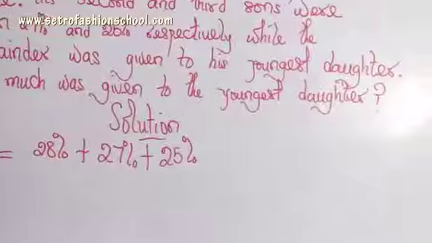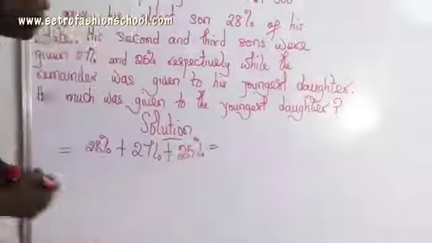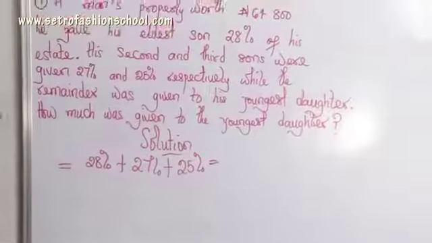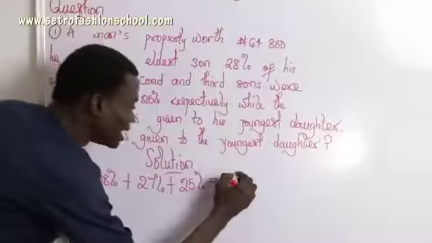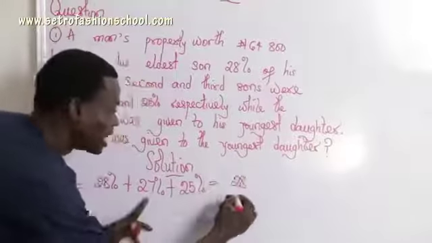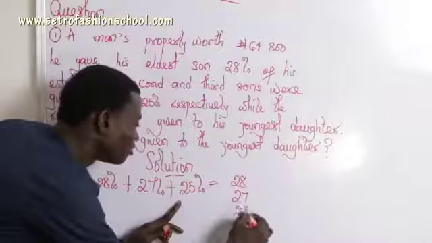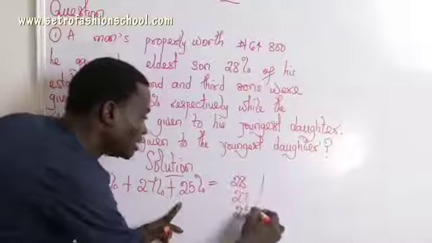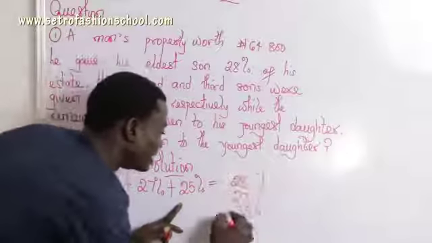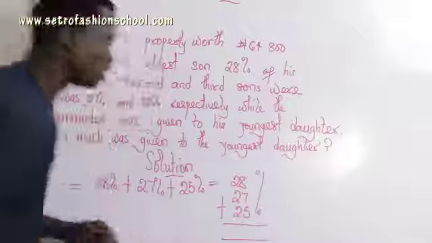And what will this give us? To calculate this, we make it as simple as ABC. Don't forget, we arrange them together: 28, 27, then 25, all with percentage beside them. Then we add them together. So this is just the arrangement.